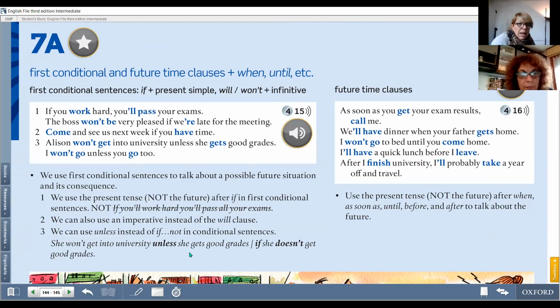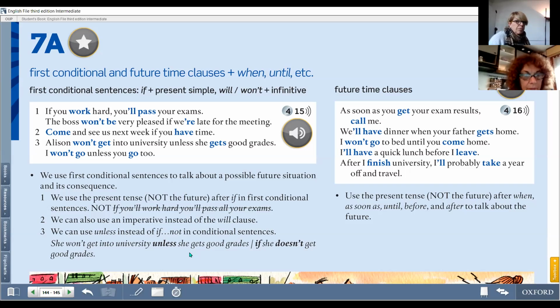Okay, read the explanation now. We use first conditional sentences to talk about a possible future situation and its consequences. We use the present tense, not the future, after if in first conditional sentences. If you work hard, you will pass all your exams.